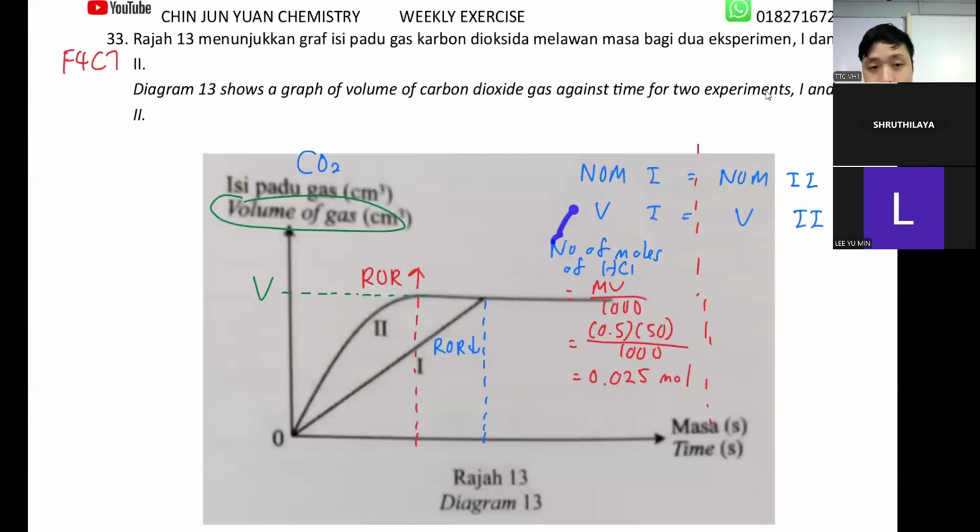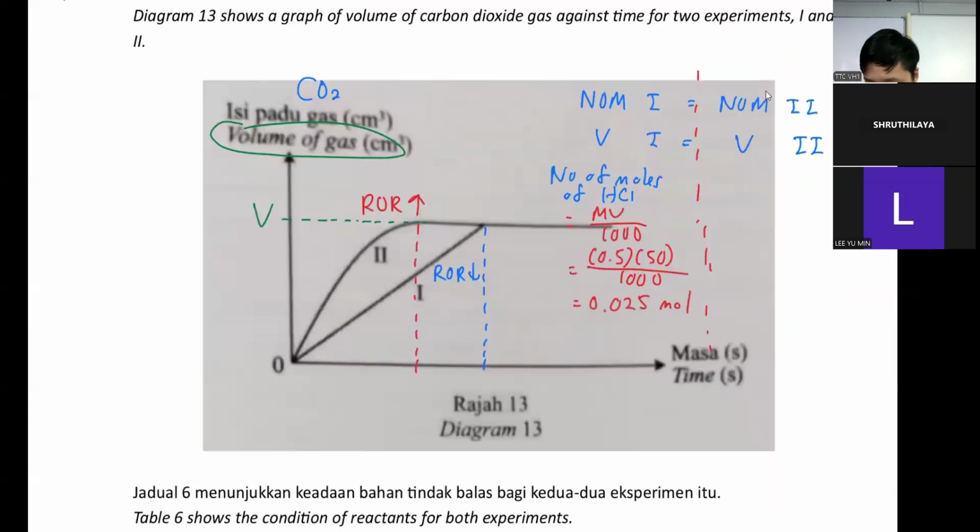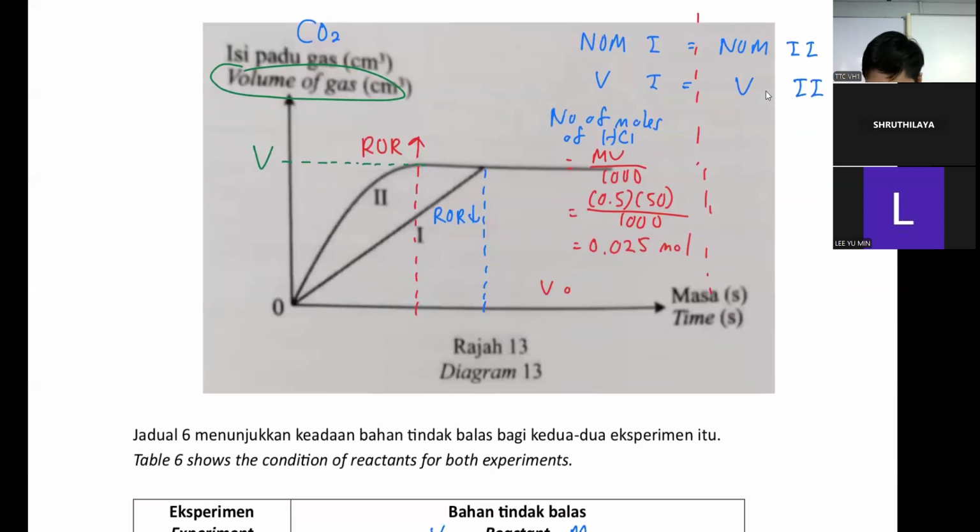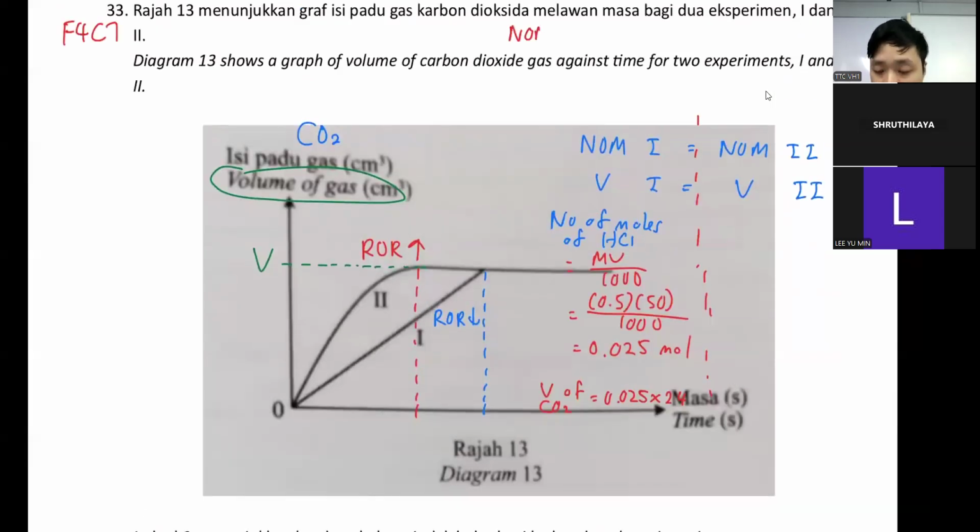Let's say this one is at room temperature. Then if I want to get the volume of carbon dioxide, I use 0.05 times 24, let's say the molar volume is 24. Because another formula for number of moles is volume divided by molar volume. In Malay, isi padu divided by isi padu molar. So after you use MV over 1000 to get number of moles, then number of moles times molar volume gives you volume.